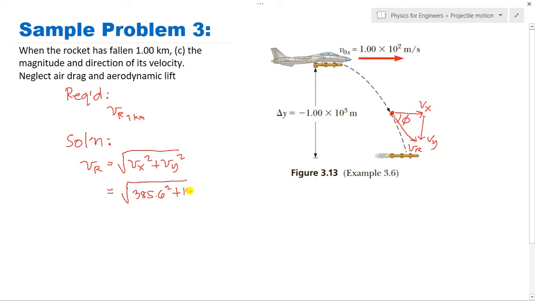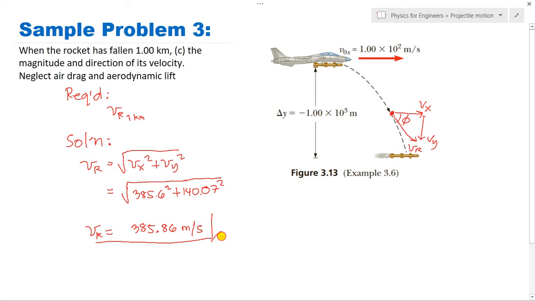So 140.07 squared. Then solve the square root of 385 squared plus 140.07 squared. The answer is 385.86. So we have here 385.86 meters per second.